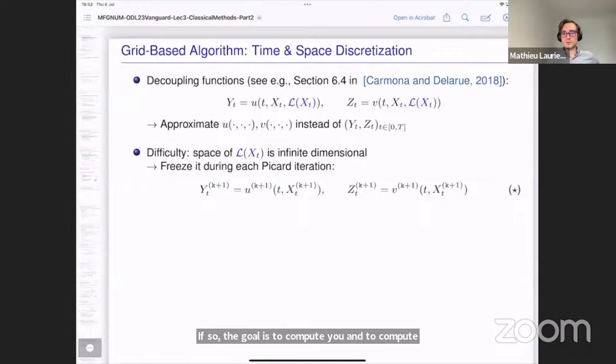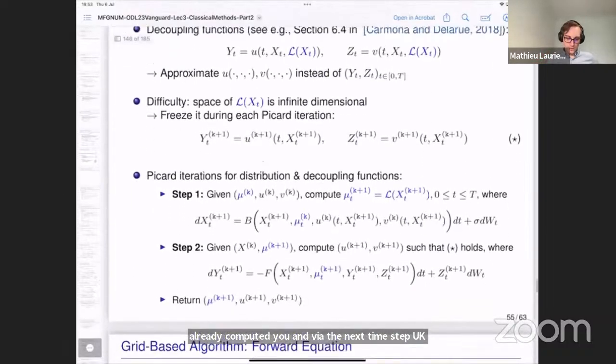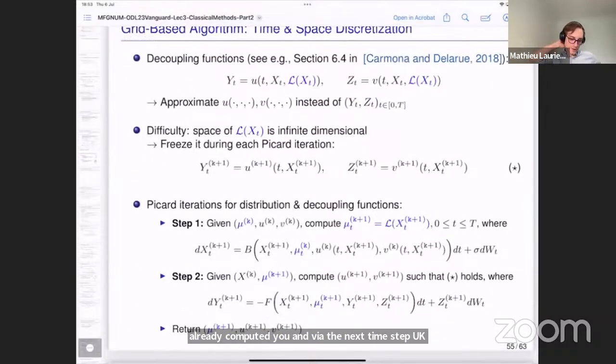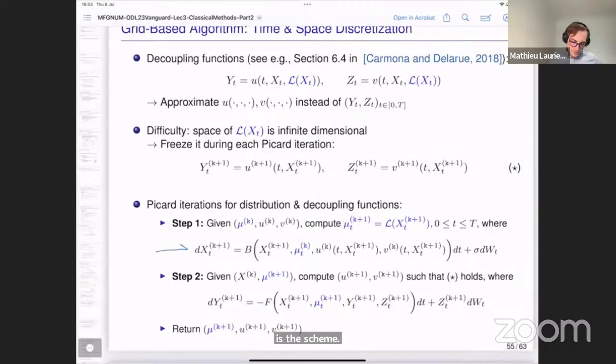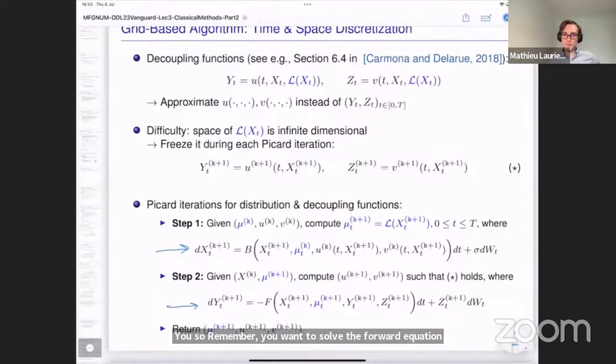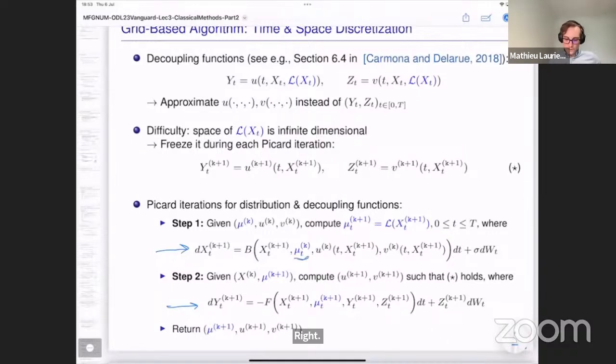So one idea is to start with some guess, or to imagine that you have already computed u and v at the next time step, u^{k+1} and v^{k+1} for some time step. So here is the scheme. Remember, you want to solve the forward equation, and then you want to solve the backward equation, right? But the forward equation involves the distribution.